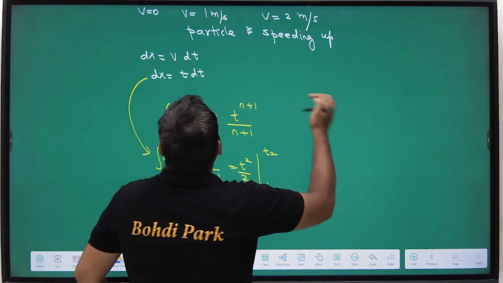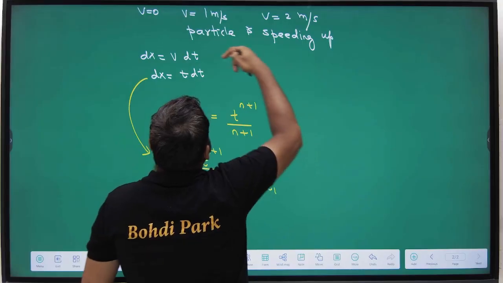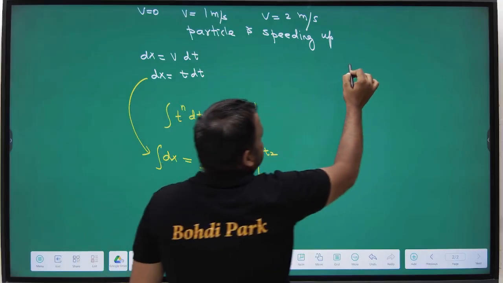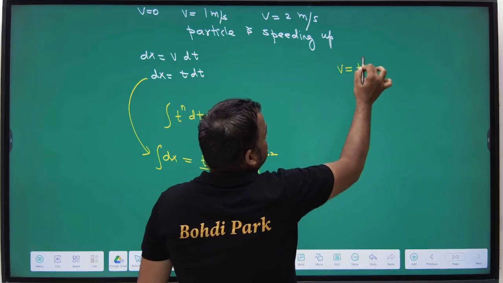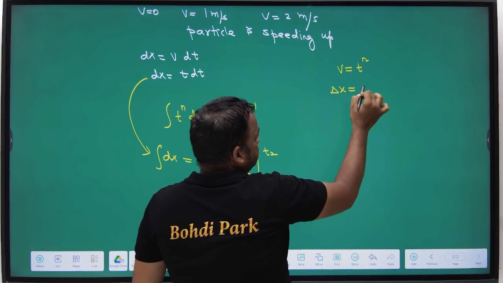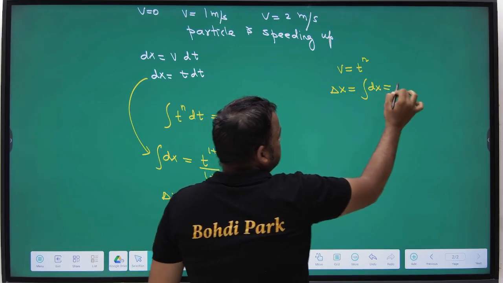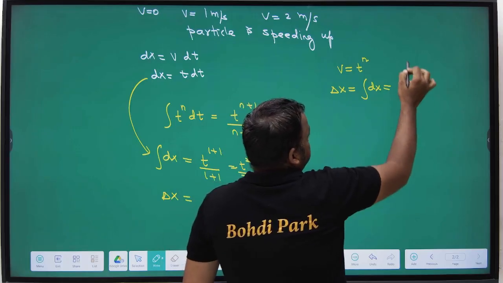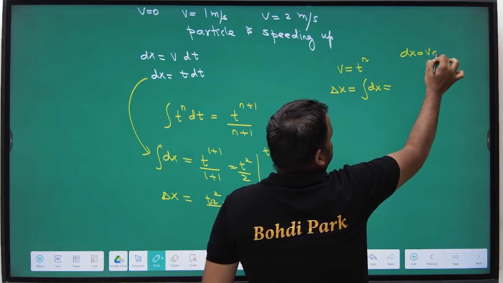If velocity is not constant, it is t. So suppose velocity is equal to t raised to n. So how to find displacement? It will be integration of dx, and we know that dx is equal to v dt.